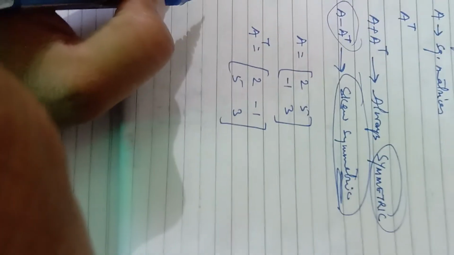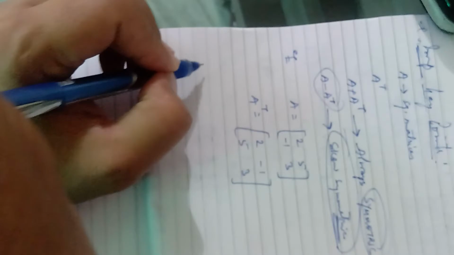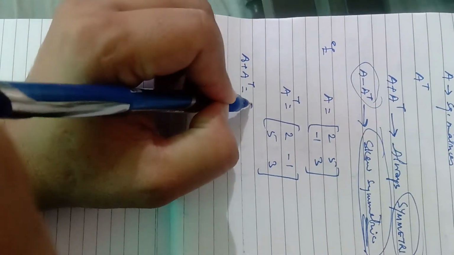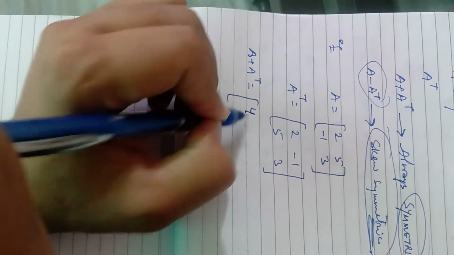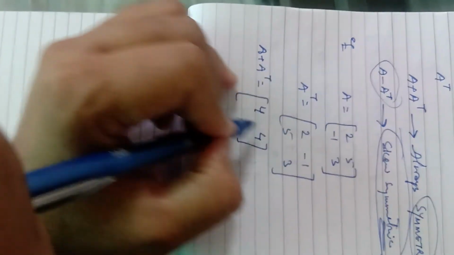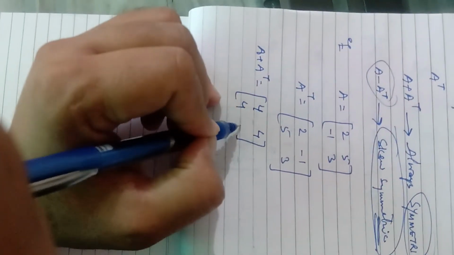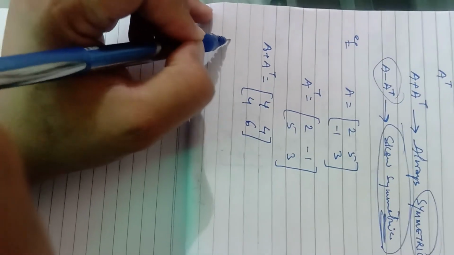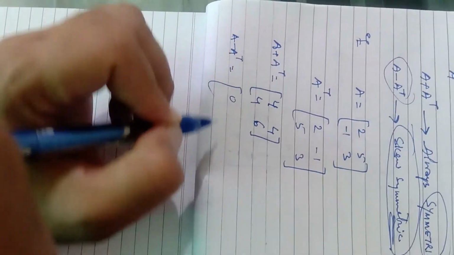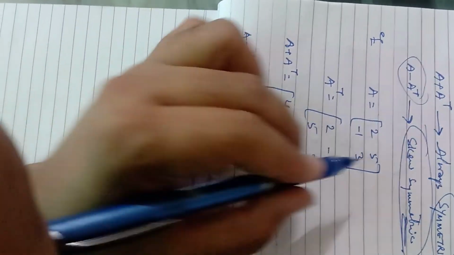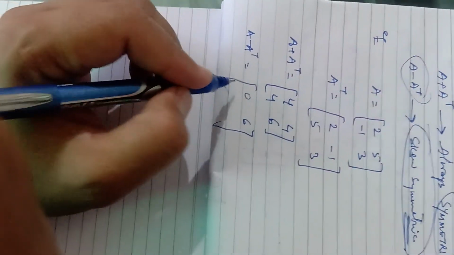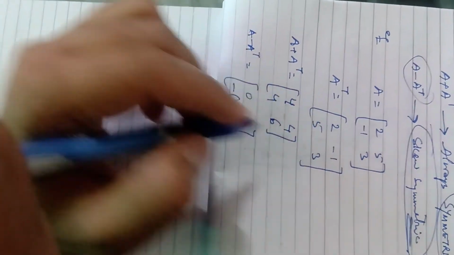Now you take A plus A transpose: 2 plus 2 is 4, 5 minus 1 is 4, this is 4, this is 6. And take A minus A transpose: 2 minus 2 is zero, 5 minus or minus plus 6, minus 1 minus 6, 3 minus 3 is zero.